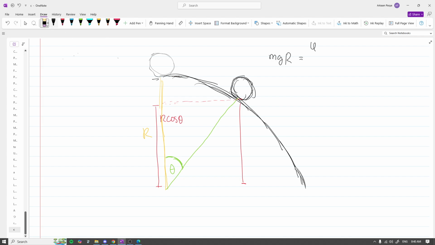The length of this line is r cosine theta because it is adjacent to theta and r. So we can find that the potential energy is mgr cosine theta plus the kinetic energy, that is half times m v squared.